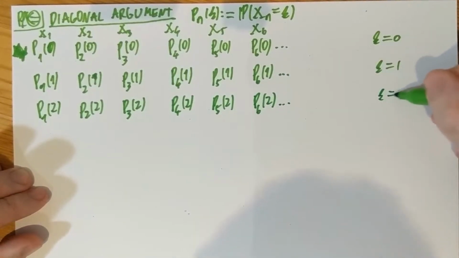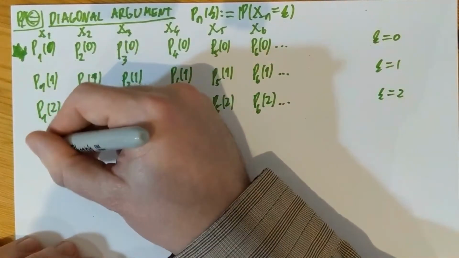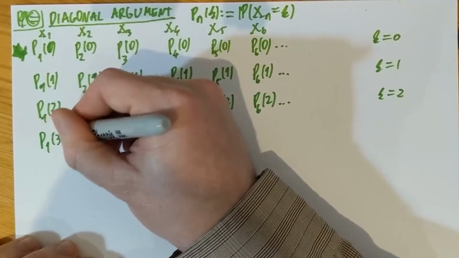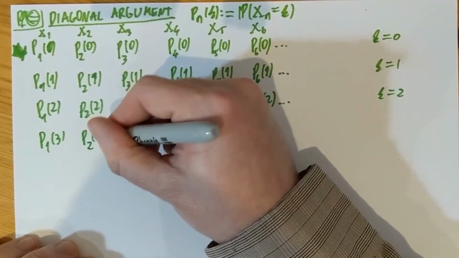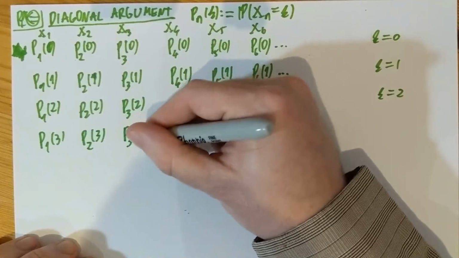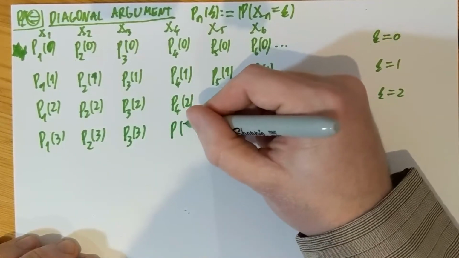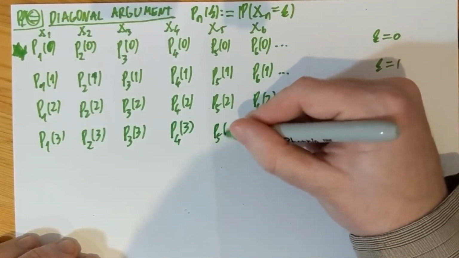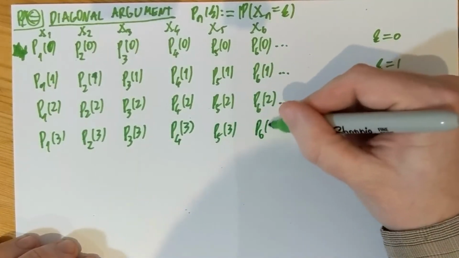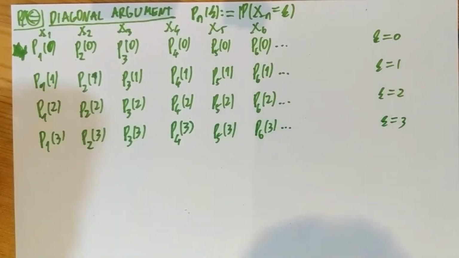So this is k equals 2, and I'm going to do one more. P1 of 3, P2 of 3, P3 of 3, P4 of 3, P5 at 3, P6 at 3, and so on and so on. K equals 3, and it keeps going.